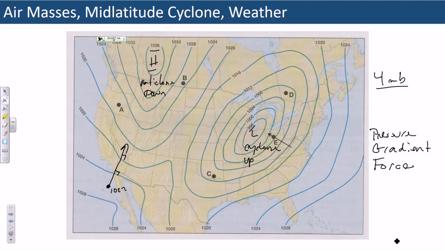So let's take a look at some of the other dots labeled on this diagram at different locations, A, B, C, D, and E, and let's just take a look at how we might draw the wind direction there. So in this case, for A, the vector will be drawn perpendicular to the contour lines. That means it's moving away from the high pressure zone, because wind is always moving from high to low.